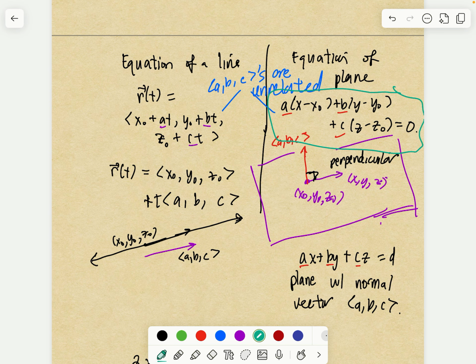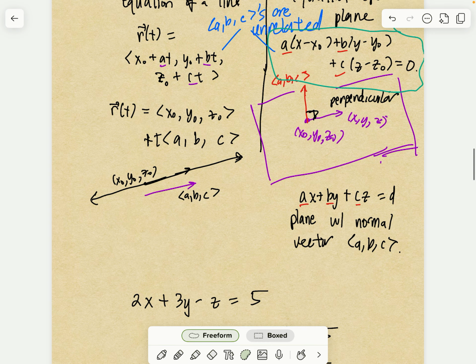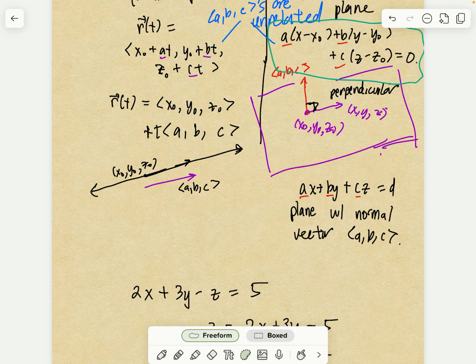And we did some comparisons between the equations of a line and equations of the plane, because I think a lot of students will look at these two and mix them up because they're focusing on the letters. What I'm trying to say is you shouldn't focus on the letters. You should focus on what these equations are telling you. Once you think about that, you'll see that you get completely different things.